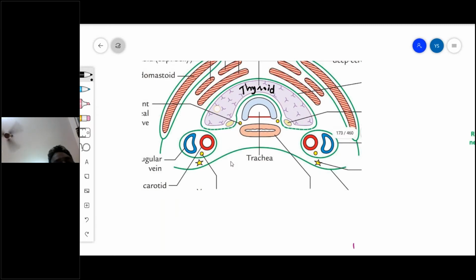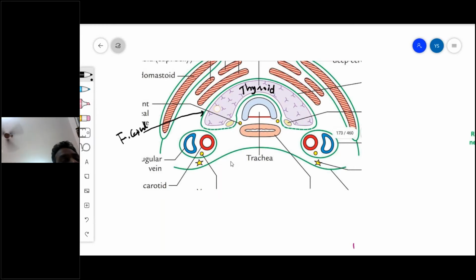Whatever you see surrounding the thyroid gland, I am showing with green color; that one is the false capsule. Already I told you, the false capsule is formed by the pretracheal layer of deep cervical fascia.